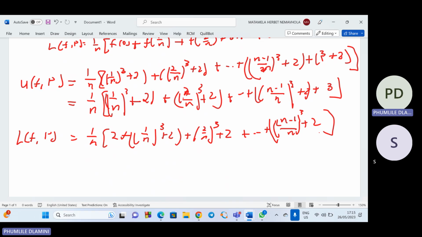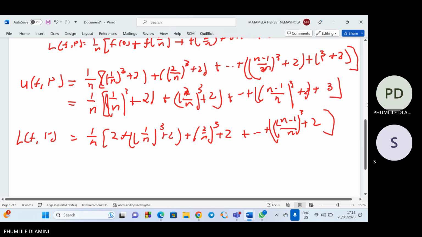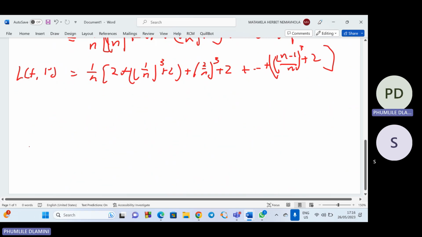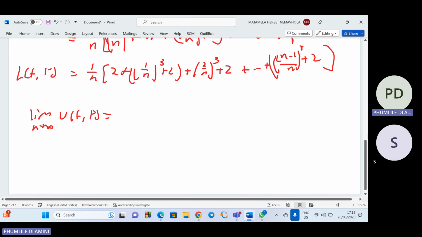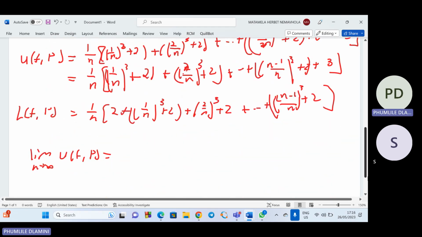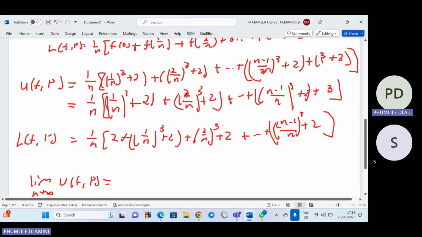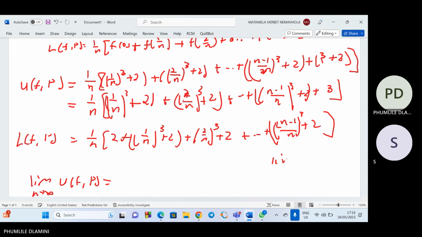When we have written this, you will see that in this limit of ours, when n approaches infinity of U of f and P, we know the limit when n approaches infinity of 1 over n equals 0.